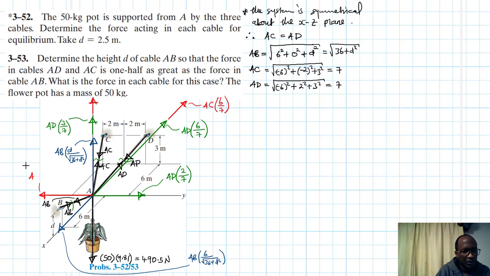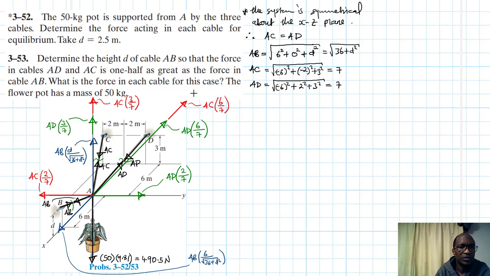AC by the length along the y, 2 divided by 7. And then this one we have AC by the height divided by 7. So we have everything that we need.